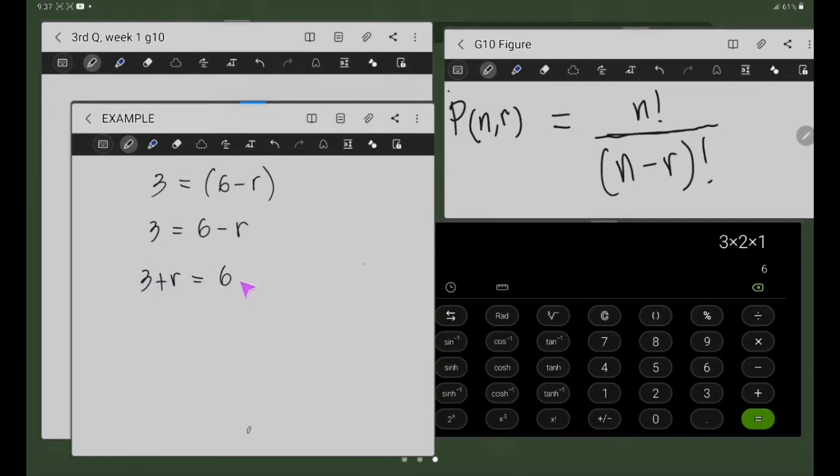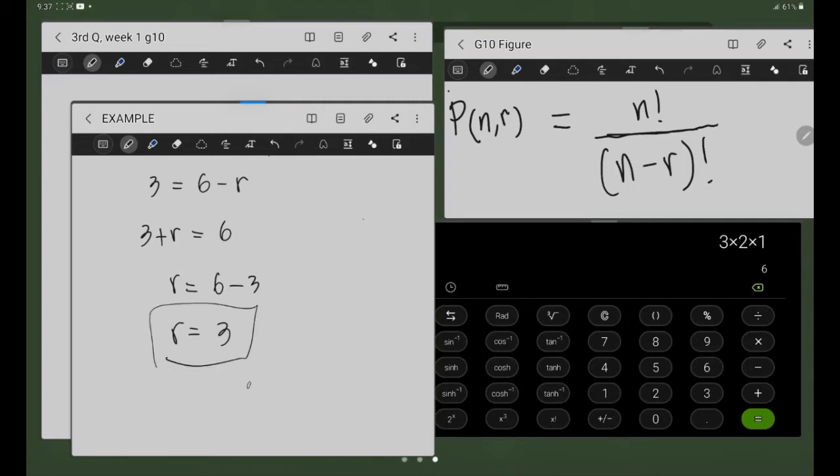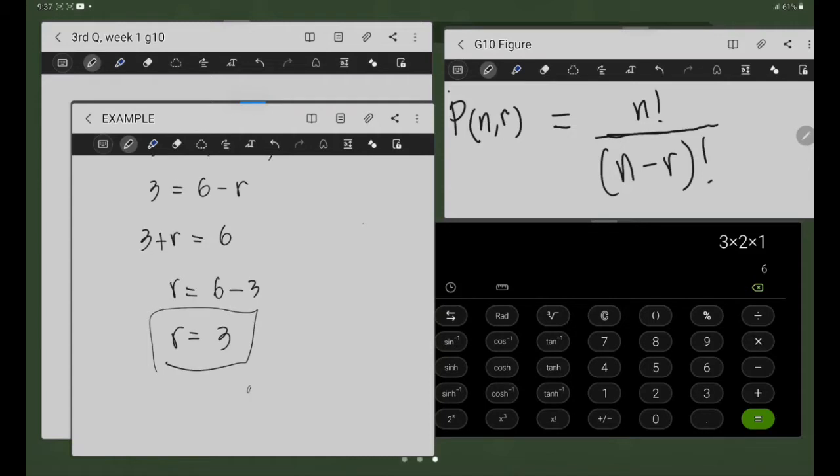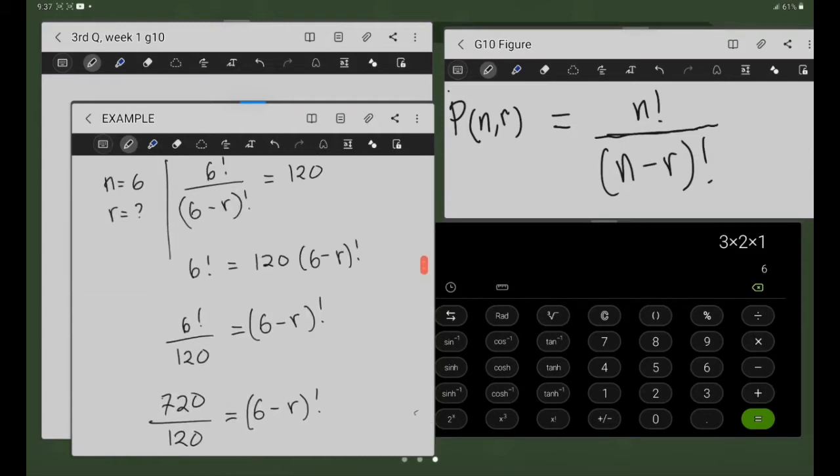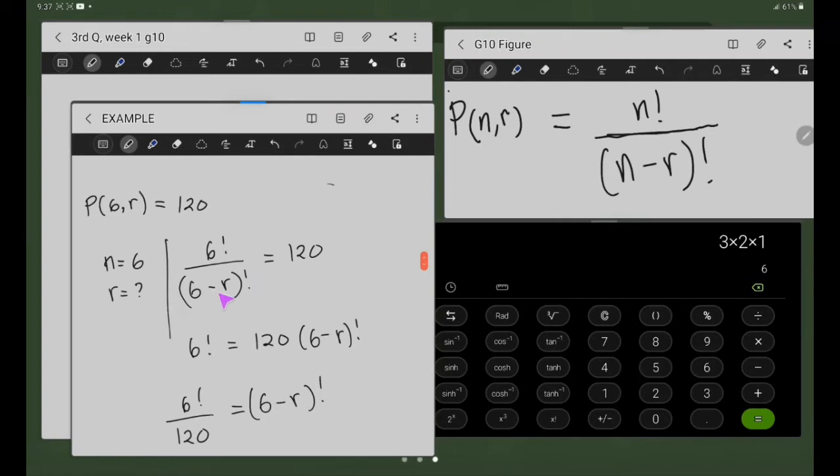Tapos itong 3 ilipat dito, so maging negative 3. So, r is equal to 3. Okay, ganun siya. So, r natin dito is 3.